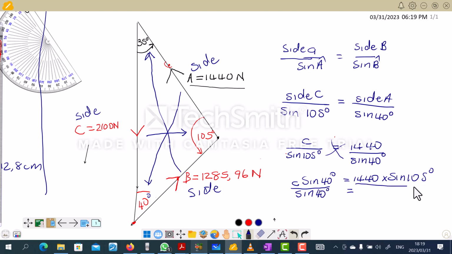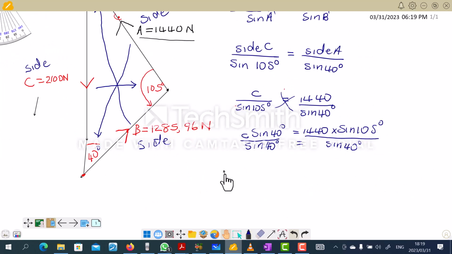What we do on the left, we do also on the right: sine 40 degrees. You remember these two will cancel. On the left, this and that cancel. We'll be left with C, which equals 1440 multiplied by sine 105.